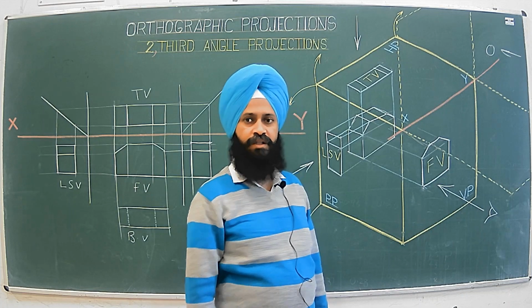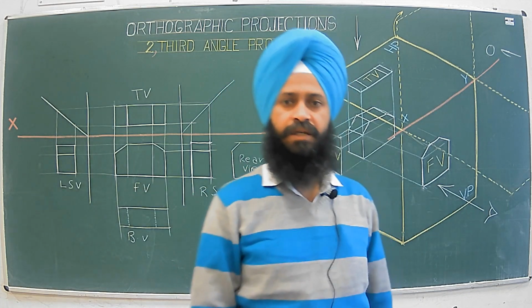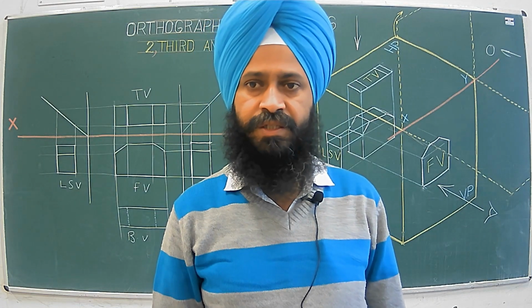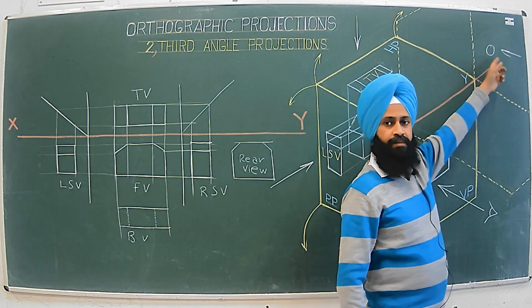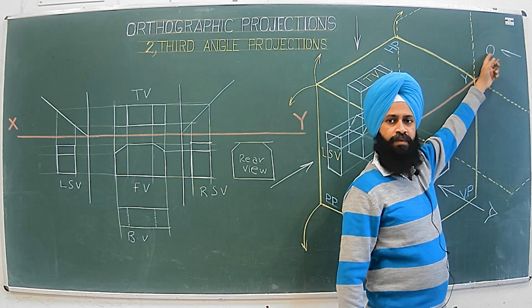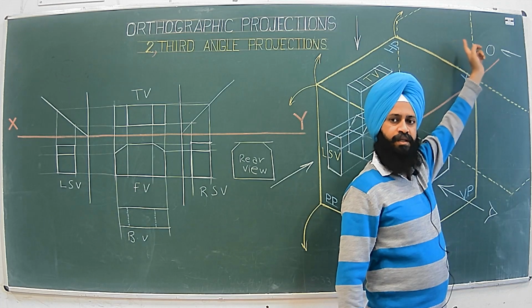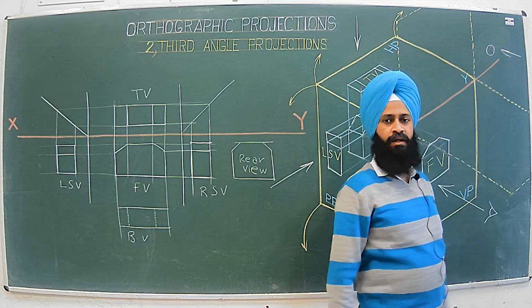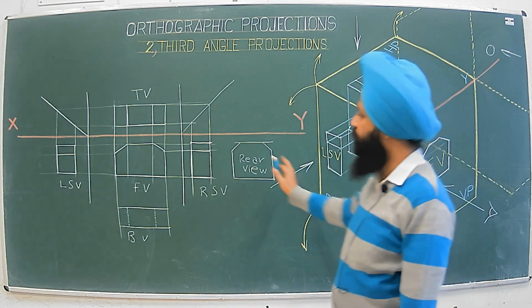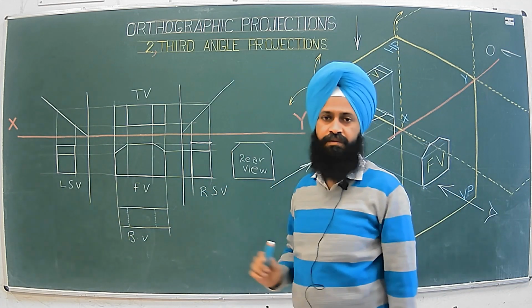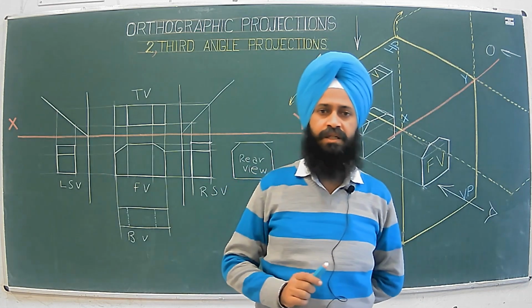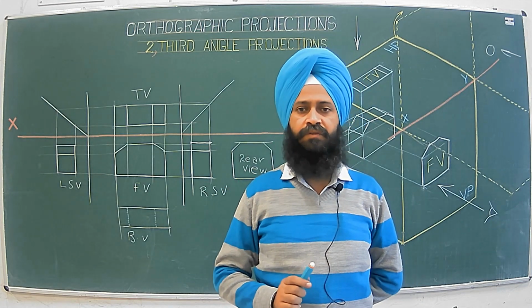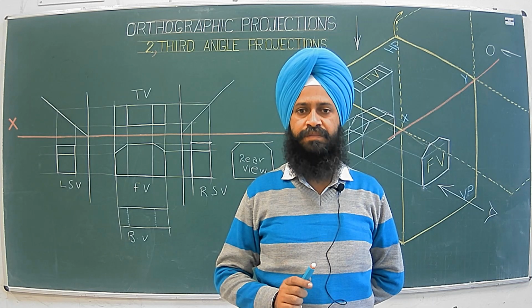It means the image or projection is drawn on the other side of the object as seen by the observer. It is totally opposite of third angle projection. The difference between first angle projection and third angle projection we will cover in the next video.